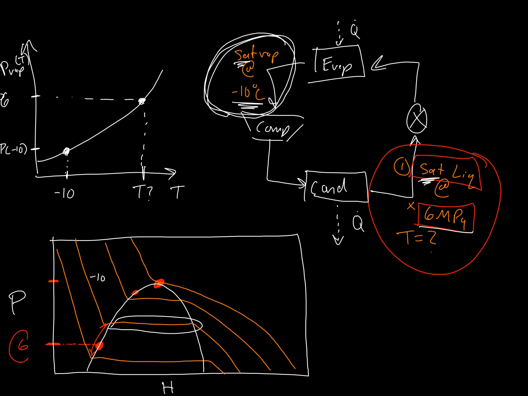So 6 megapascals pressure, saturated liquid, which means we're on the liquid side of the saturation curve. That gives us the intersection of 2 lines, and at the point there, you read everything else off. Just 2 pieces of information on an engineering chart will lock you down in a particular position.